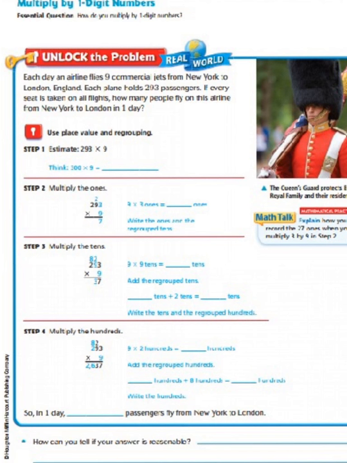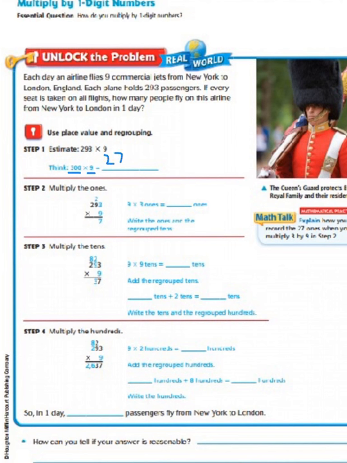Estimate 293 times 9. Remember, to do that, we have to think 300 times 9. And when we think 300 times 9, we see that we have a basic fact of 3 times 9. And we know that 3 times 9 equals 27.